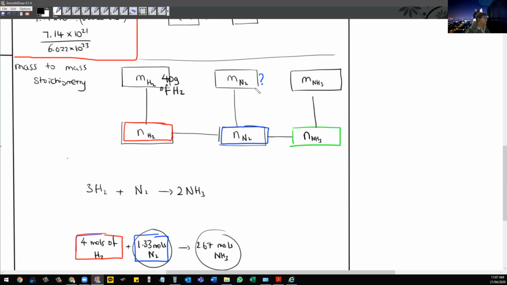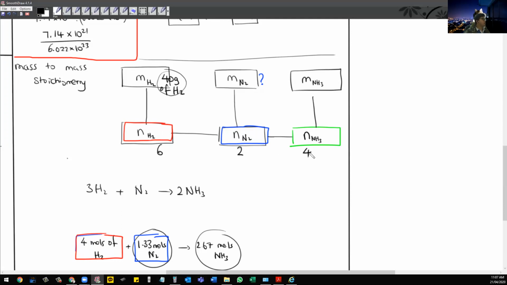So you see, the mass is not going to directly correspond, right? If I have 6 moles, then I'll have 2 moles there and 4 moles there.